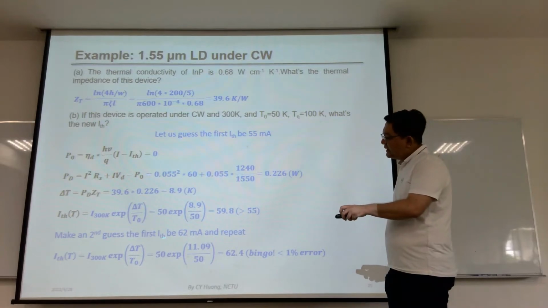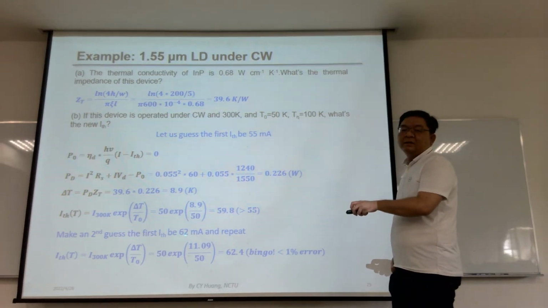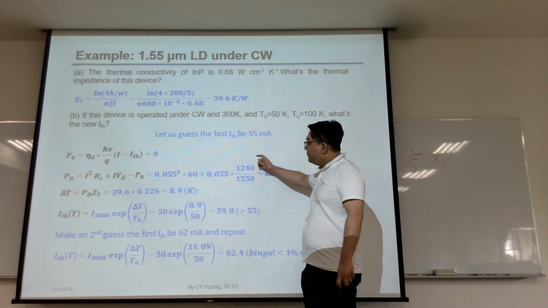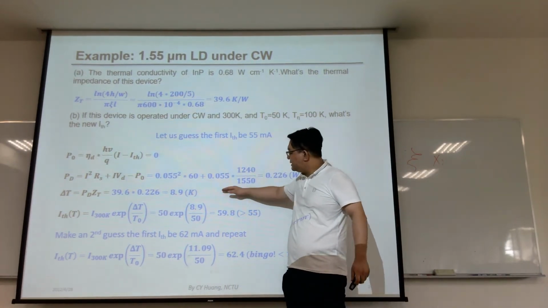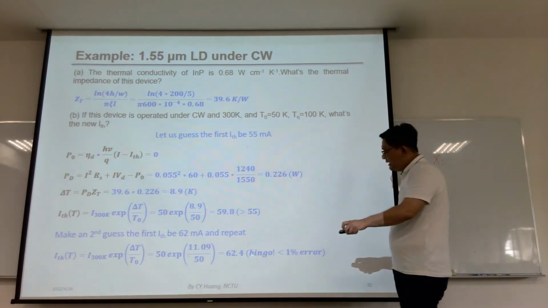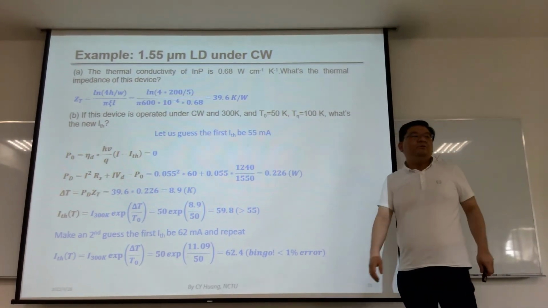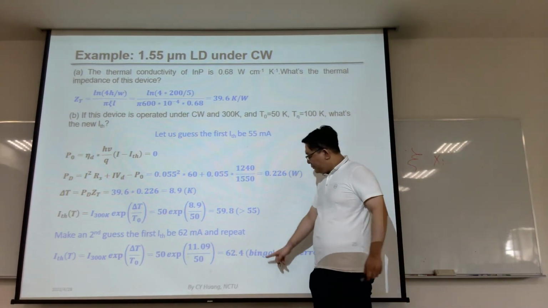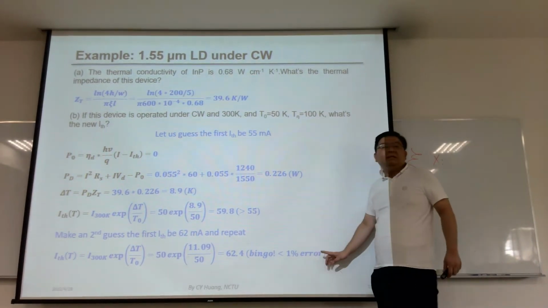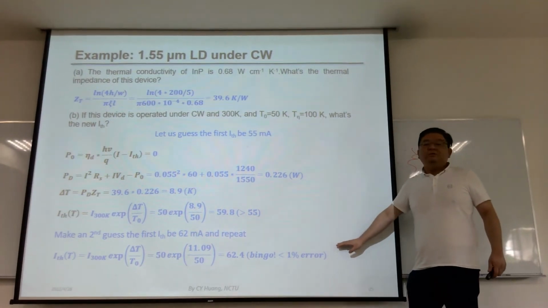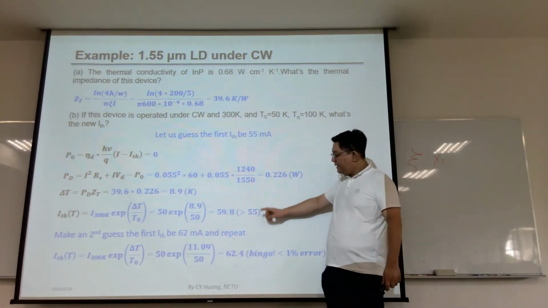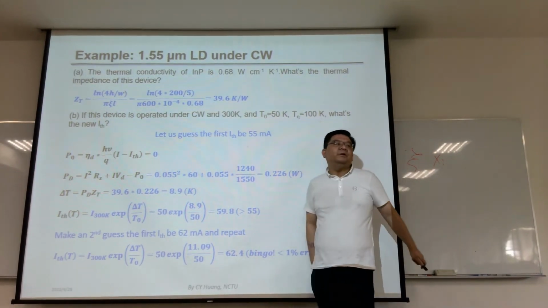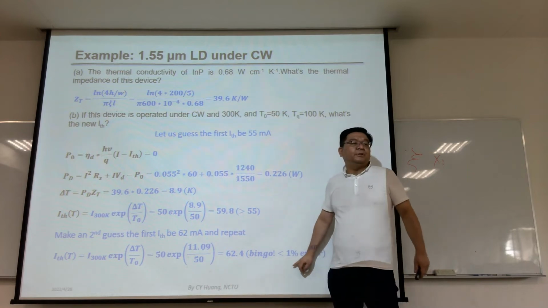If we guess the ITH to be 62 milliamp and repeat this, here we found the ITH to be 62.4. Still a little bit larger, but it's already less than 1%. Probably you can also try 62.5 or something if you want to approach it more closely, but it is already good enough.